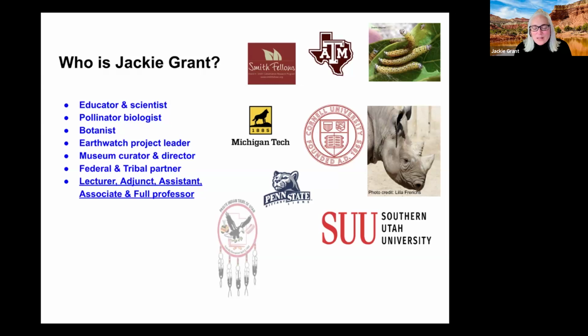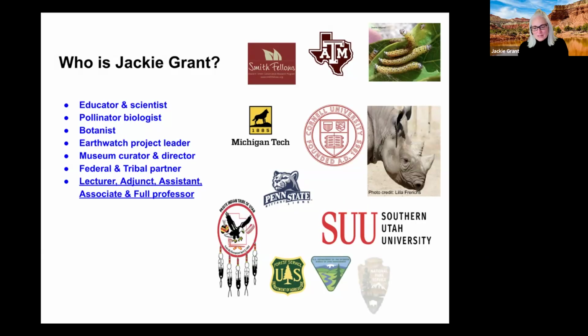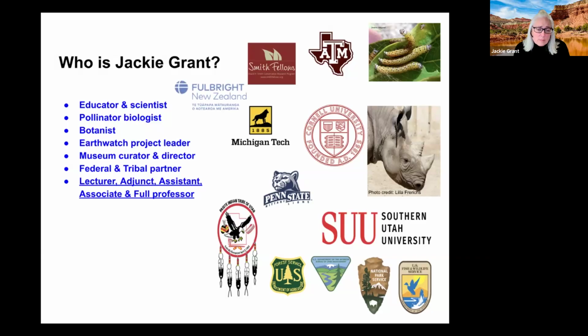I went on to do a conservation postdoc at Smith Fellows. I worked as a wildlife and fisheries scientist at Michigan Tech and Penn State, and finally ended up at Southern Utah University in 2011, where I was able to partner with many different groups spanning from the Paiute Indian tribe of Utah through several different federal agencies that you can see their logos on the bottom of the slide.